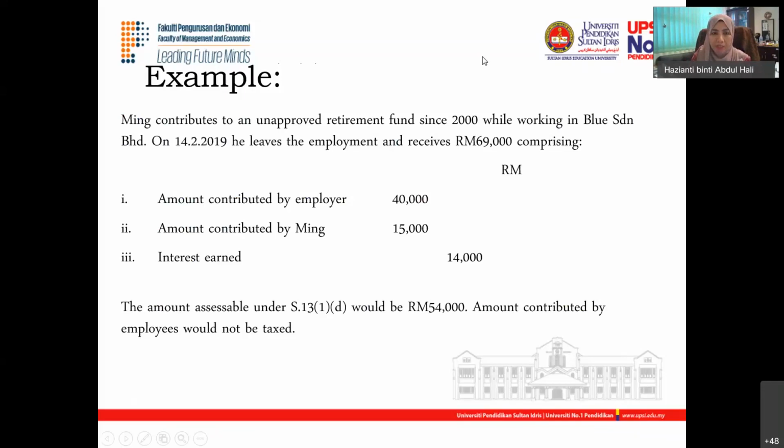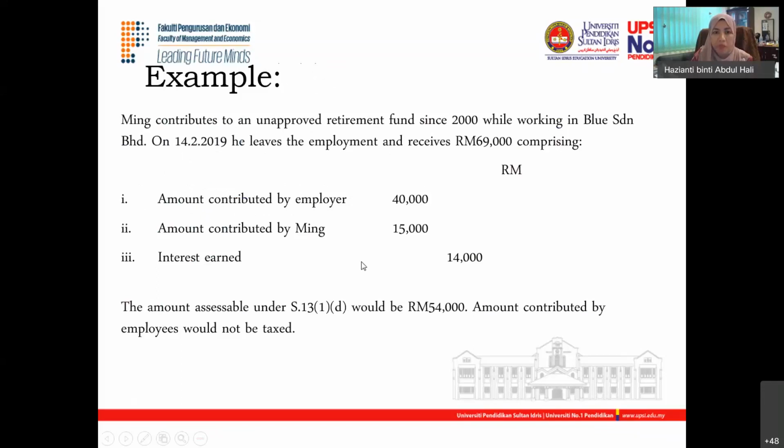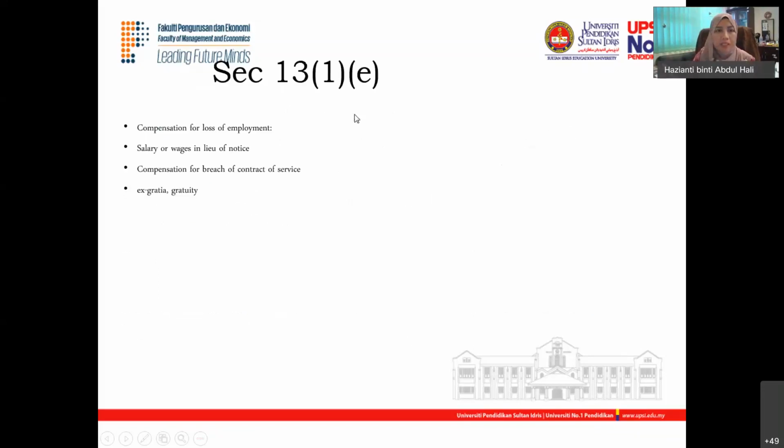So yang akan kena tax is amount contributed by employer dengan interest dia. So if you go back here, dekat sini lah. Here restricted to employer's contribution only. So sendiri punya contribution tak kena tax. So that would be 54,000. But you must remember, like I told you, this is for section 13(1)D ni only for unapproved retirement fund. Yang approved tak ada.